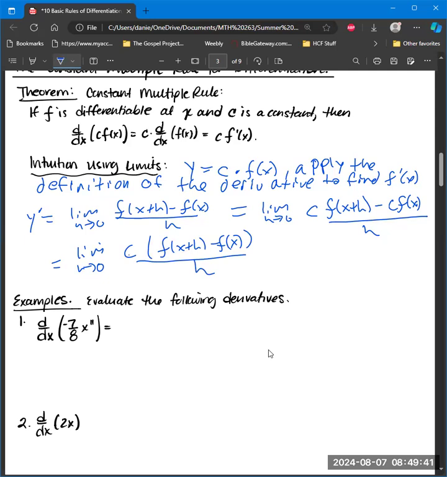And because of the property of limits, c can come out front because it doesn't contain an h. This is my definition of f prime of x. So that's c times f prime of x, like that. Y prime.